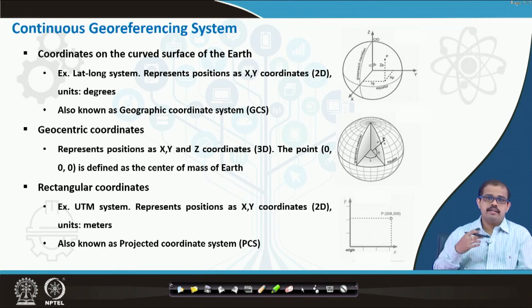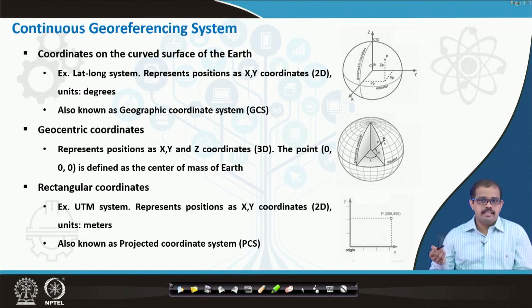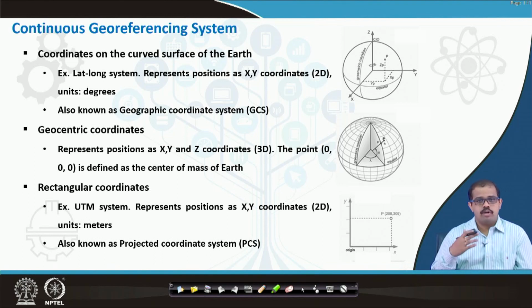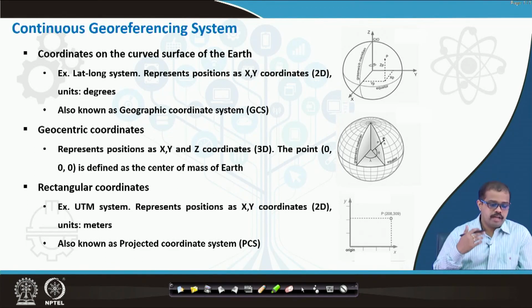Normally a lat long system can be in decimal degrees, or in degrees, minutes, seconds. Any of those formats that you normally use belongs to the lat long system. It's dependent on the user what kind of system he uses. This is also known as a geographic coordinate system, or GCS.